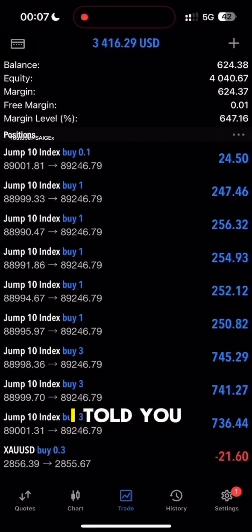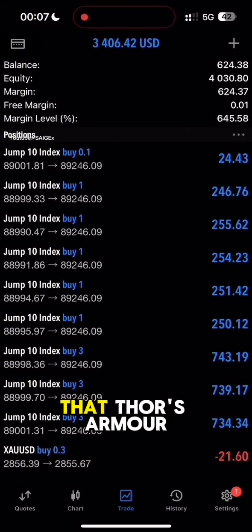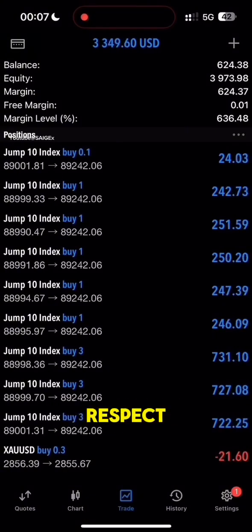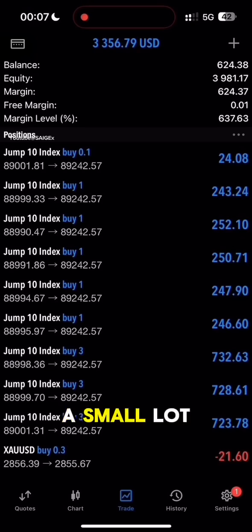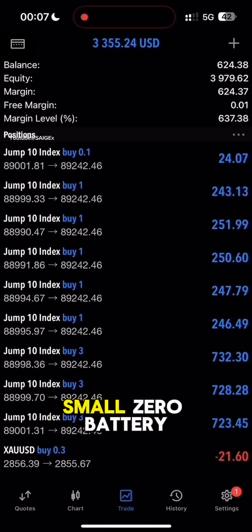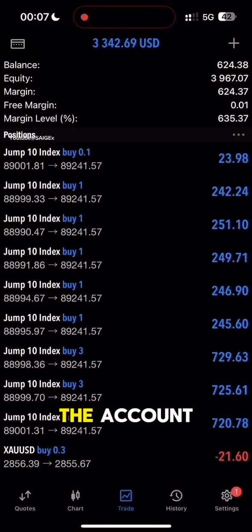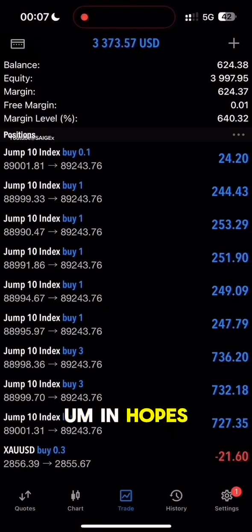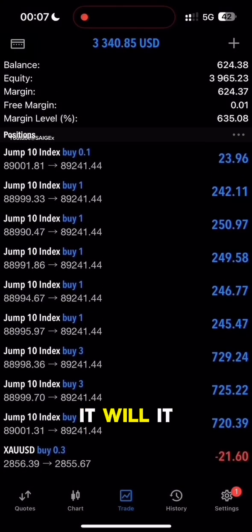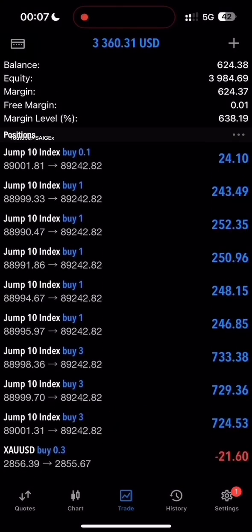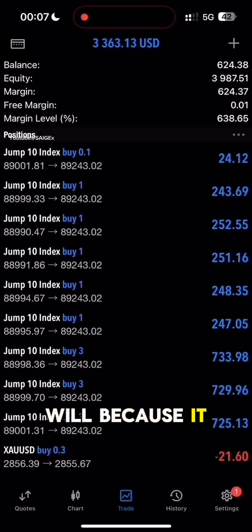You still remember I told you about the gold, that if you buy that Thor's hammer, it will still respect. Yes, I placed a small lot there. Sorry, it's not small. 0.3 is not small. I placed my suitable lot for the account in hopes that it will go up, and definitely it will, because it was a bullish trend.